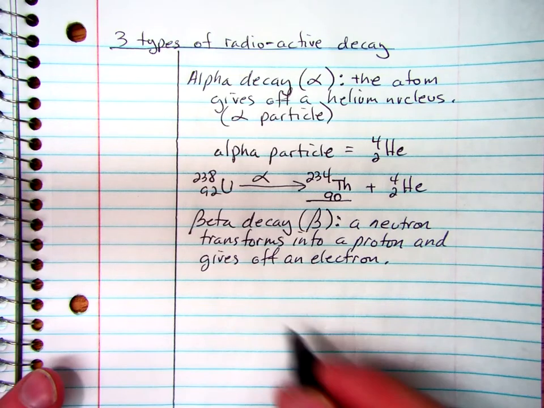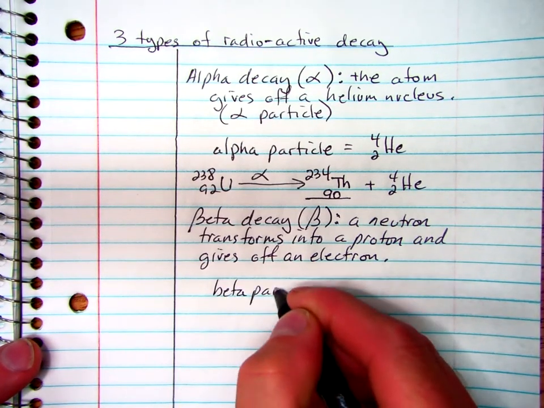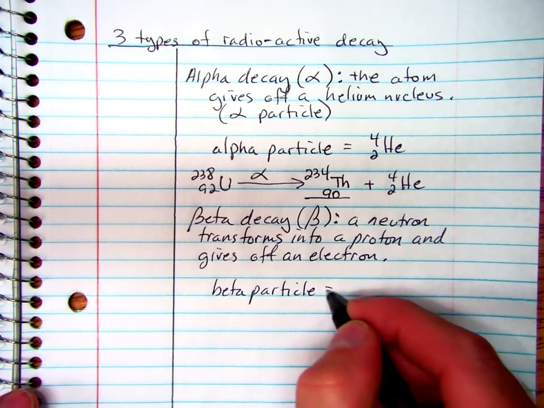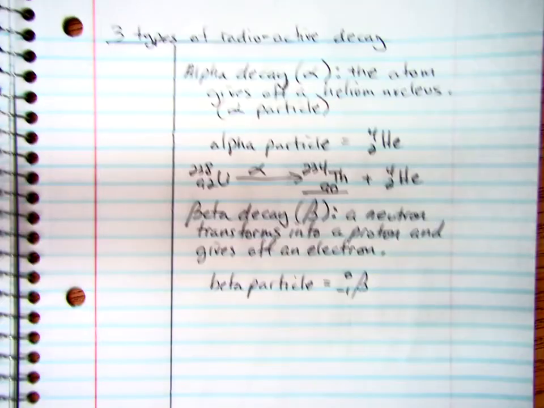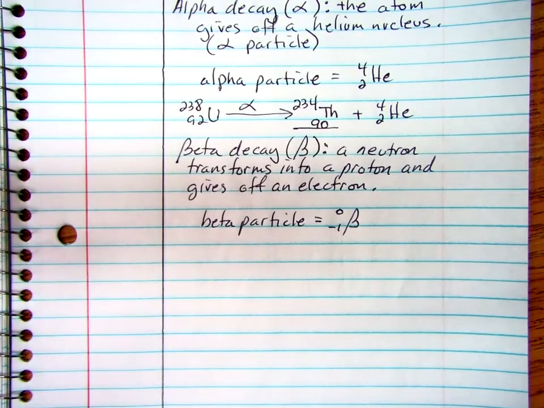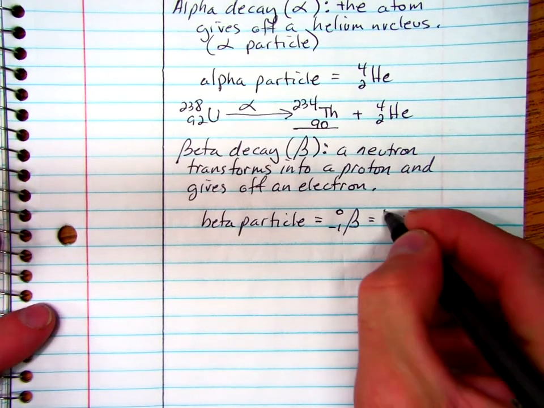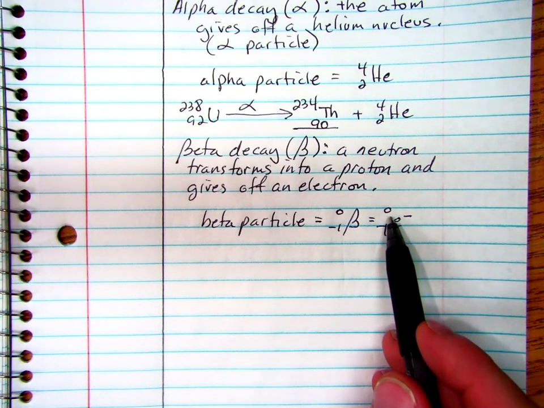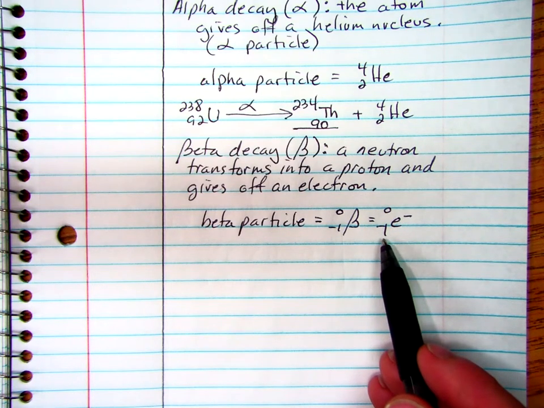So a beta particle looks like this. Also, you can represent a beta particle as an electron. It has an atomic mass of 0 atomic mass units, and it has a -1 charge.